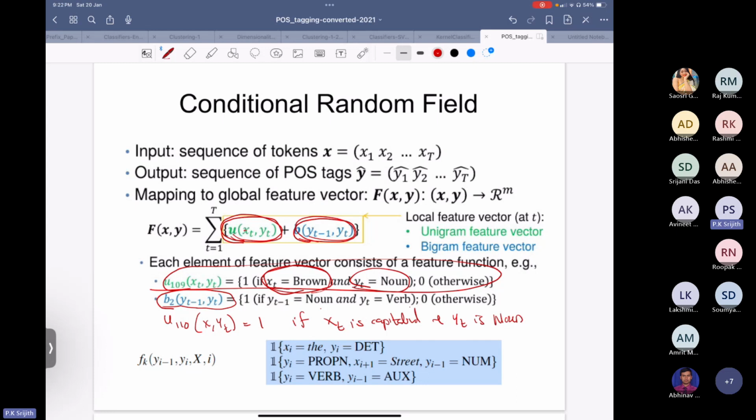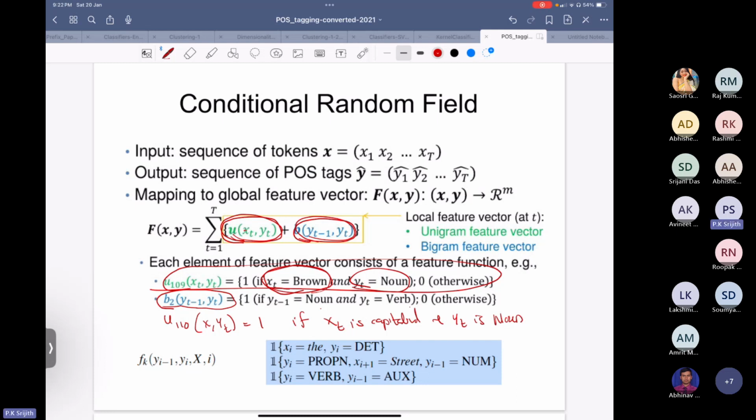But a conditional random field could be more effective for dealing with unseen or unknown words, because you can construct some features which help it generalize to those unseen words by considering some structure of these words.